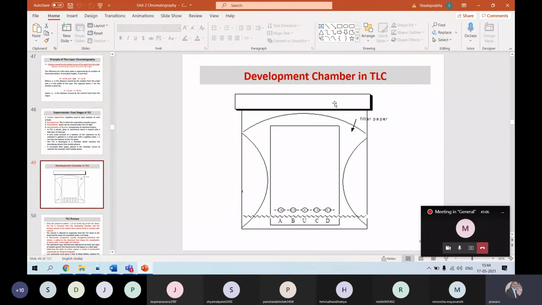So this is what actually happens during developing once you have spotted, how you develop in a development chamber in TLC. This is, as I said, a very simple, inexpensive technique.